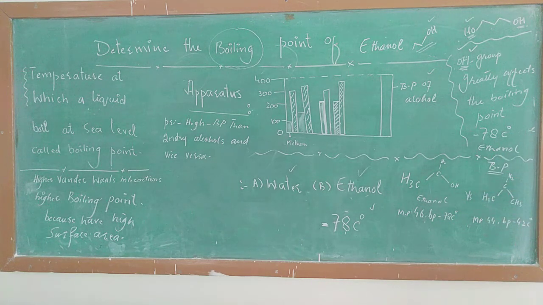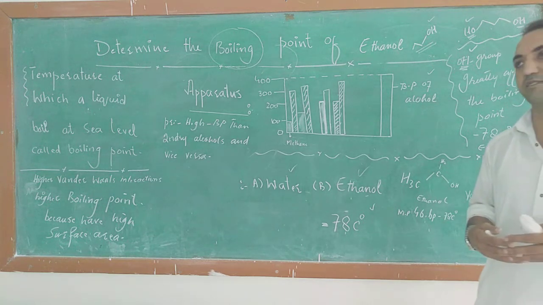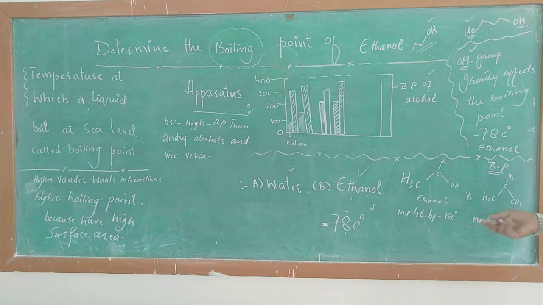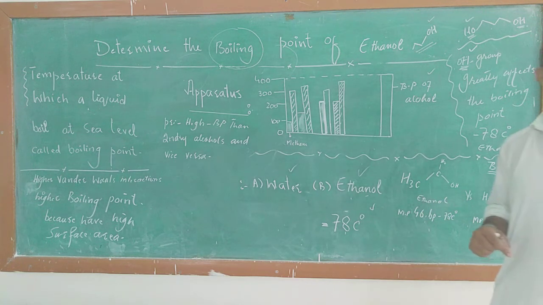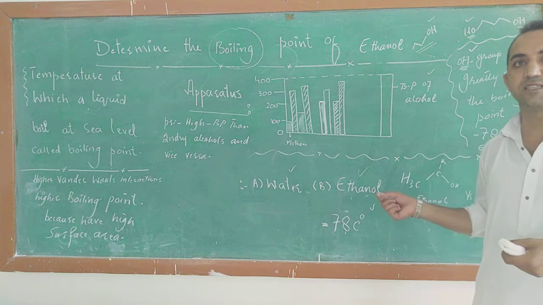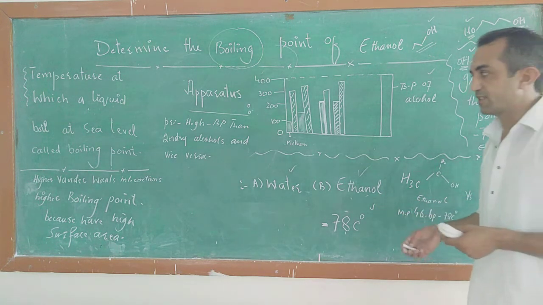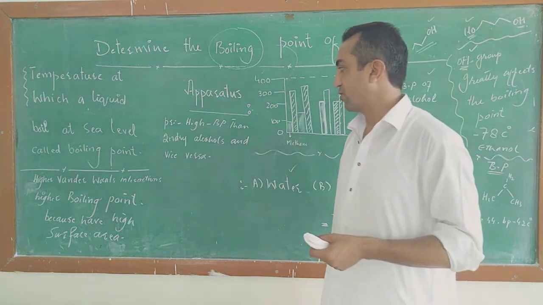Like the primary alcohols have a lower boiling point as compared to the secondary alcohols, and the tertiary alcohols have a higher boiling point than the secondary alcohols.